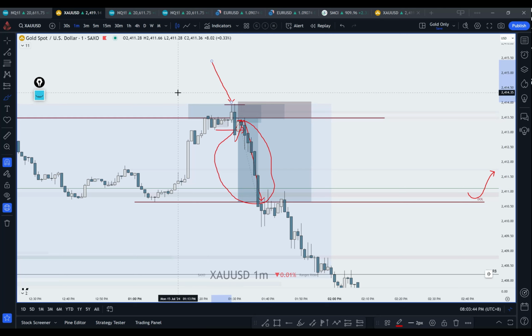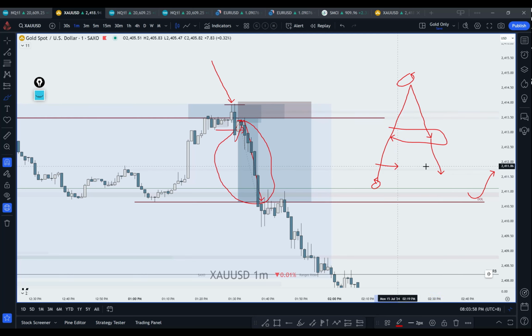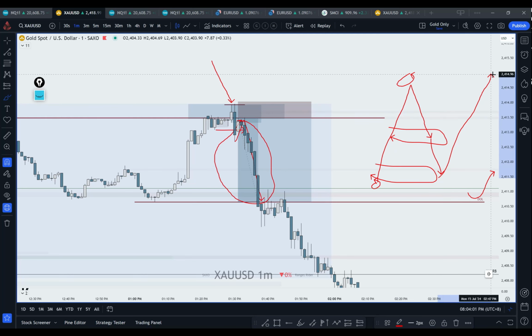Why? Because this is the exceptional case. This is not the confirmation entry model. The confirmation entry model is only when you have the range, and then you enter maybe at the DOB or maybe at the EOB, and then look for the external range liquidity. This is the confirmation model, and you will apply it everywhere, only the confirmation entry model.